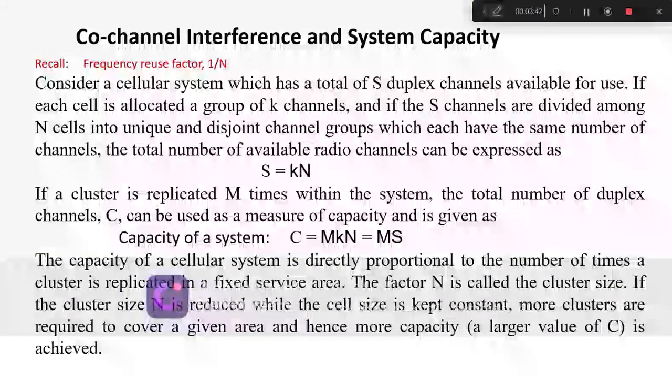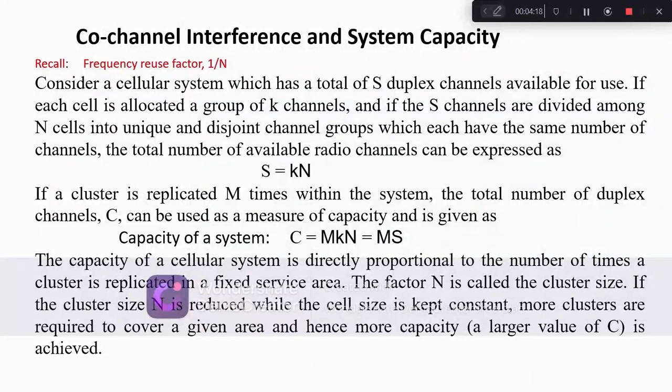In the last example, I told you that a simplex channel of 25 kilohertz is to be used. When you multiply that by 2, you get a duplex channel of 50 kilohertz. It means that 2 subscribers occupy one channel from the total bandwidth, and the bandwidth of that single channel is 50 kilohertz.